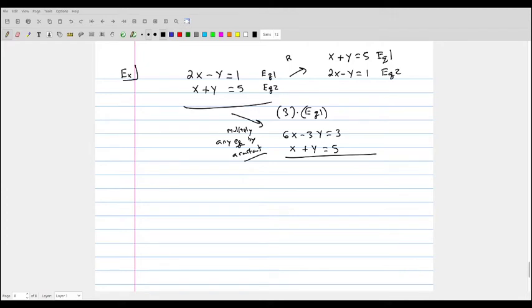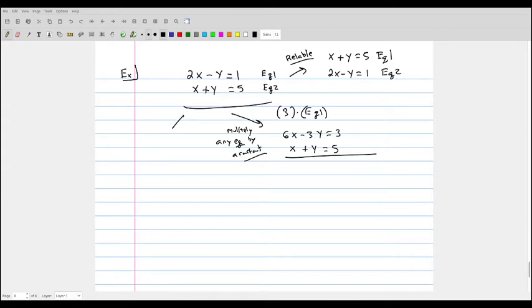So relabeling the equations doesn't change the solution to the system of equations. It still has the same solution that we solved for earlier.